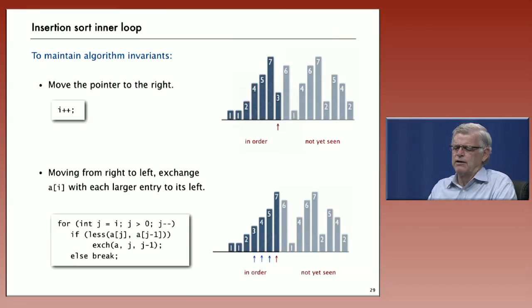It starts j at I and decrements j, exchanging a of j with the element to its left, a of j minus 1, as long as a of j is less than a of j minus 1, and j is bigger than 0.